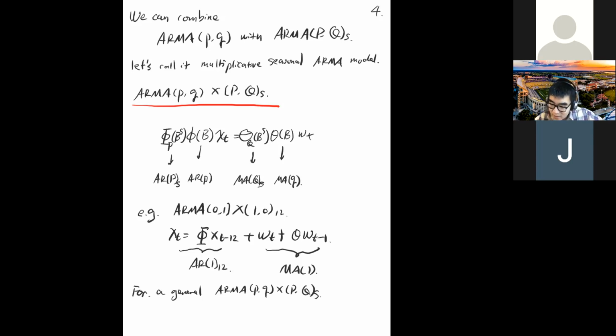So we want to study if it is a valid ARMA model. We want to test whether it is causal or whether it is invertible. We also want to see if there is parameter redundancy.